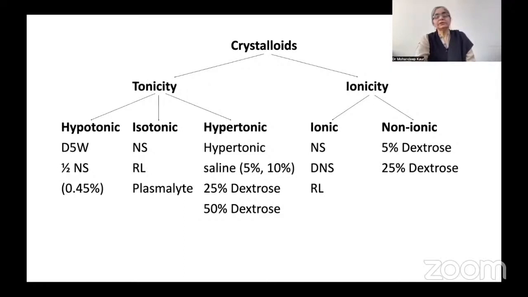Isotonic solutions would be your normal saline, Ringer lactate, and Plasma-Lyte. Hypertonic salines or dextrose solutions are also there in the OTs and ICUs, and we use them in specific indications. Then crystalloids are divided on the basis of ionicity into ionic and non-ionic, non-ionic ones being your dextrose solutions.